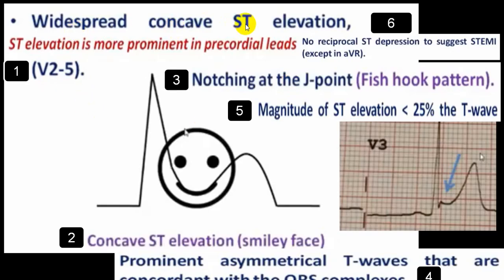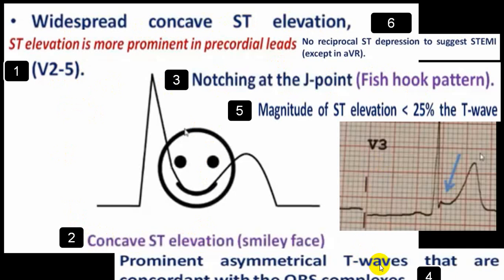So widespread concave ST segment elevation from V2 to V5. You have a concave ST elevation, J point notching or the fish-hook pattern.